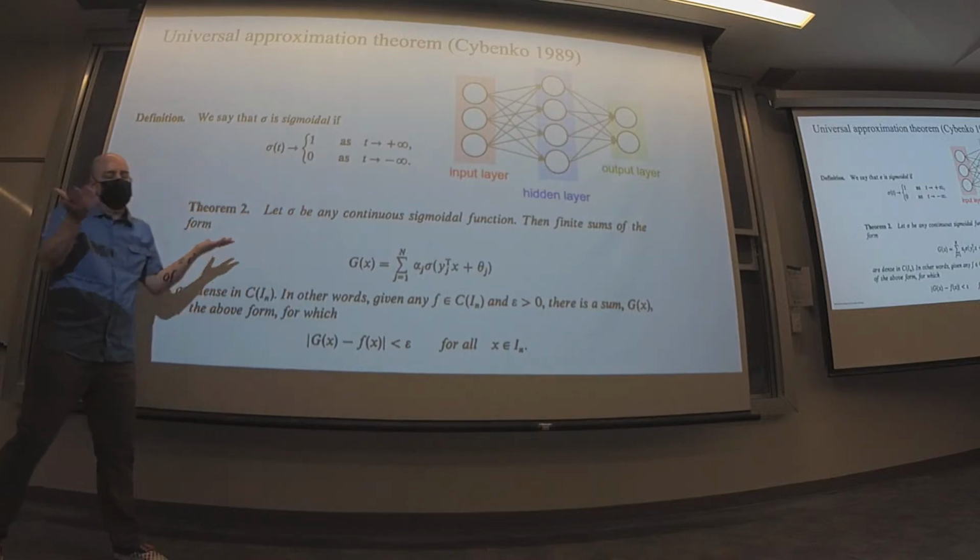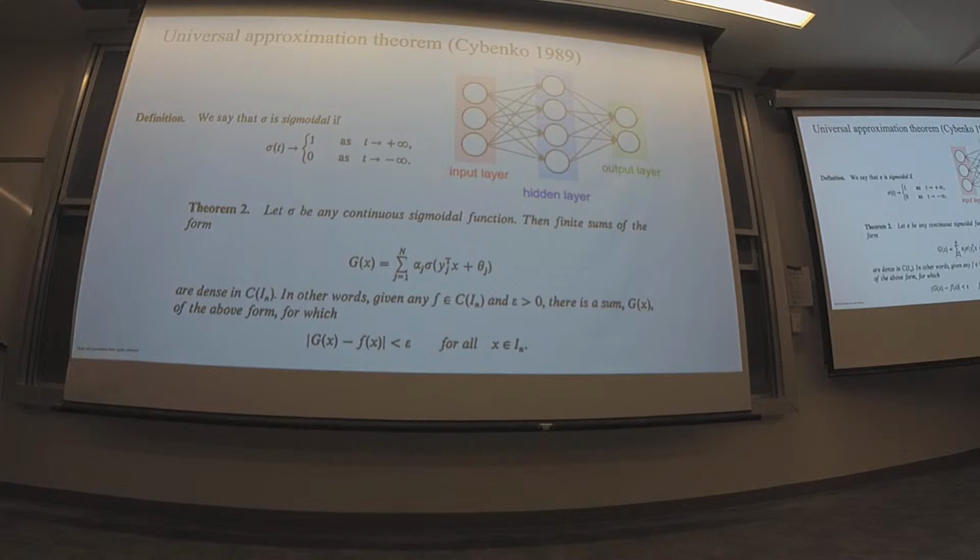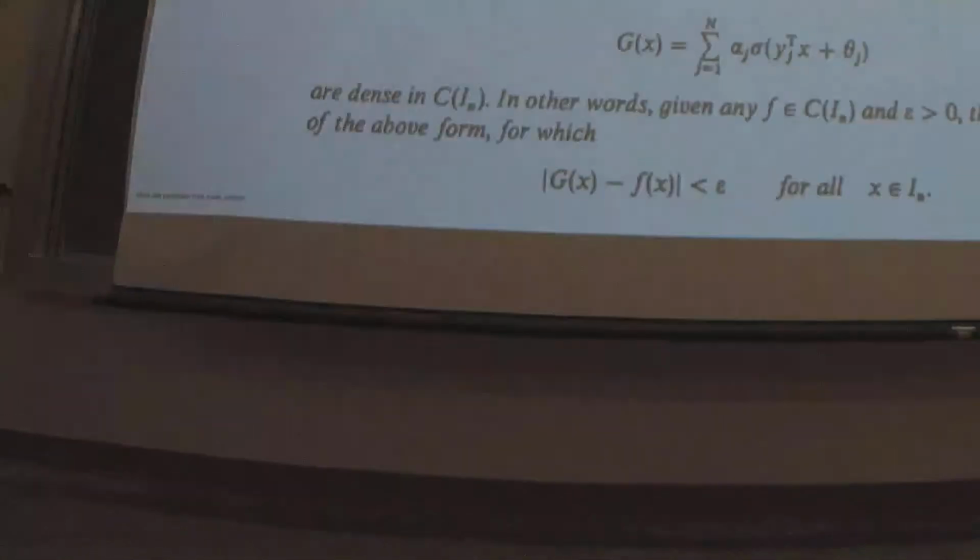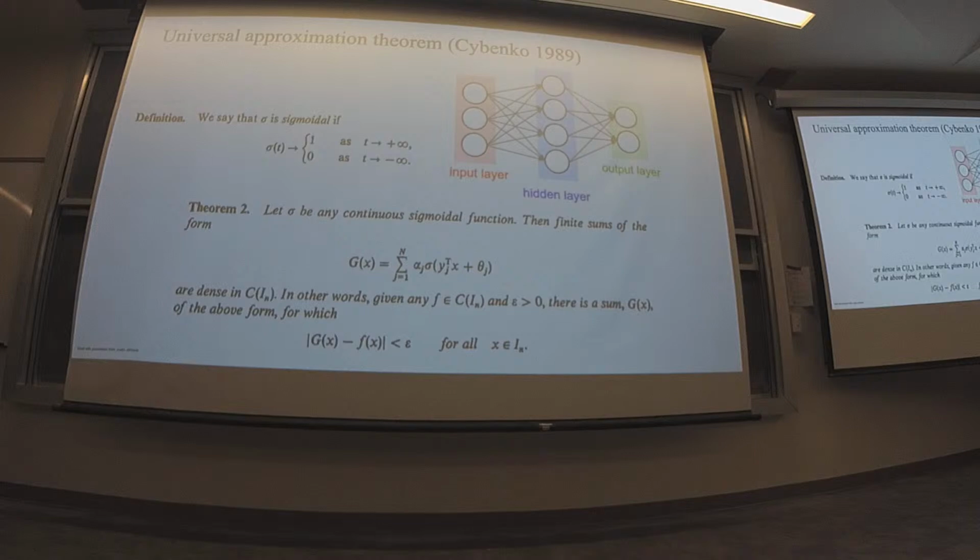So our sigmoid function in particular, but it's a little more general than that. Our tanh function, if we added 1 and divided by 2, would also be sigmoidal. And then you can imagine all kinds of crazy things happening in between, but as long as we have these asymptotes, we're good.